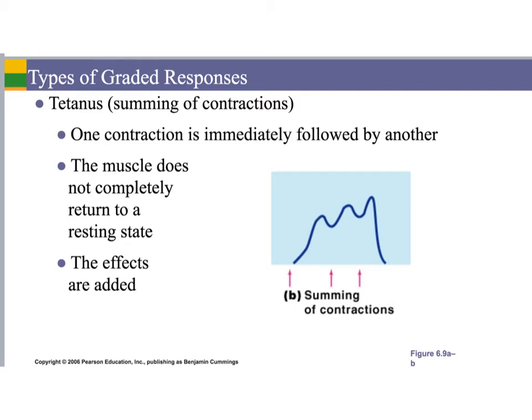Here, we've increased the frequency so the muscle doesn't get to relax all the way. And you can see when we increase the frequency, every time that muscle contracts, it's going to contract at a higher tension. And that's called the summing of contractions. And so that's another way, again, increasing the frequency is going to increase the tension of the contraction.